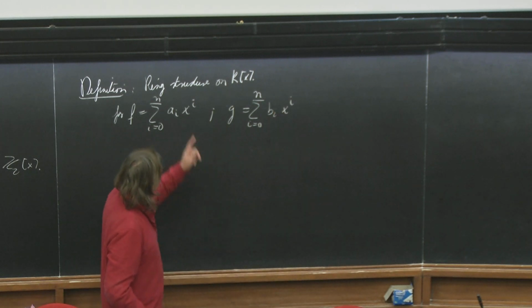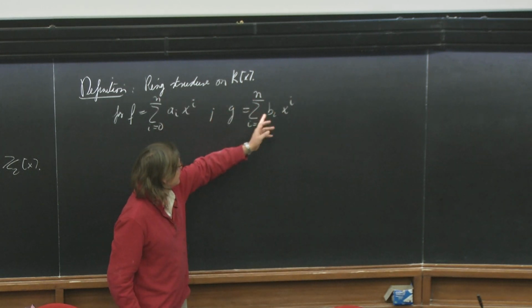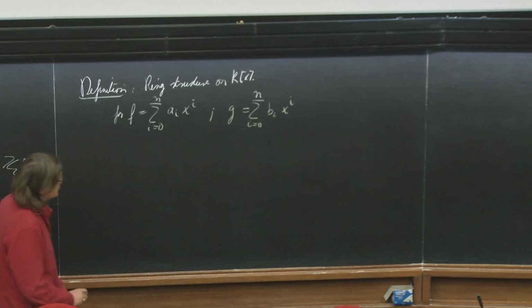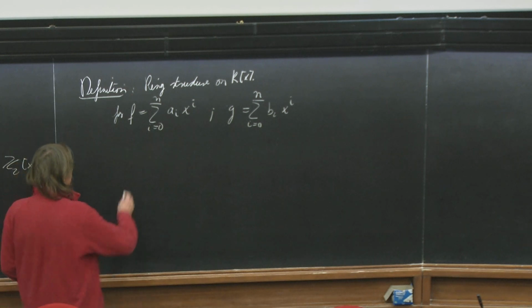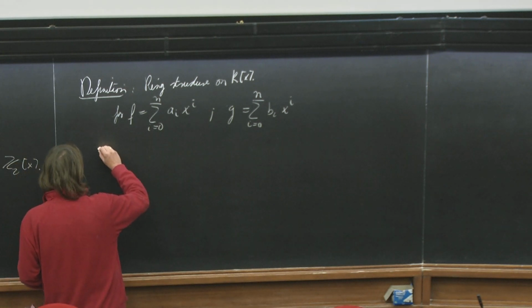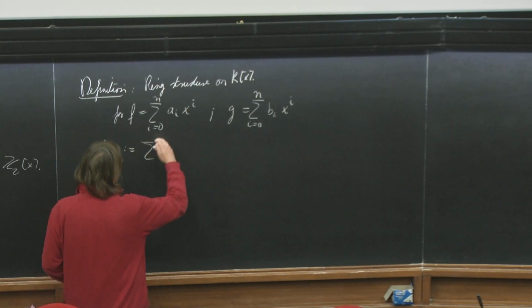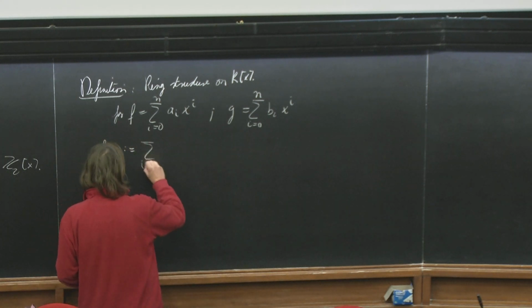We can always assume that this goes to the same number because we can add 0 times x to the i at the end to make them match. We define f plus g by summing the corresponding coefficients.